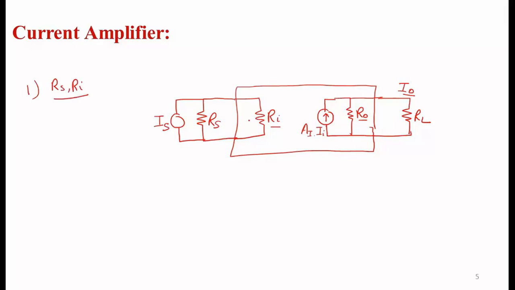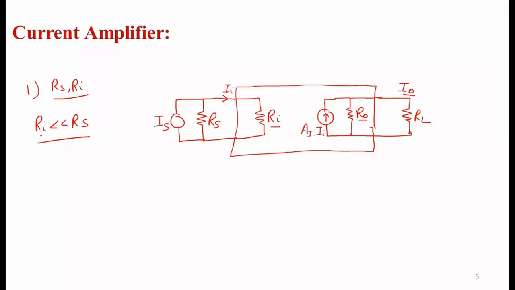We want the maximum current to pass through Ri. Here we have the II. With the condition that Ri is much less than Rs, the maximum current will pass through Ri and no current will flow through Rs.